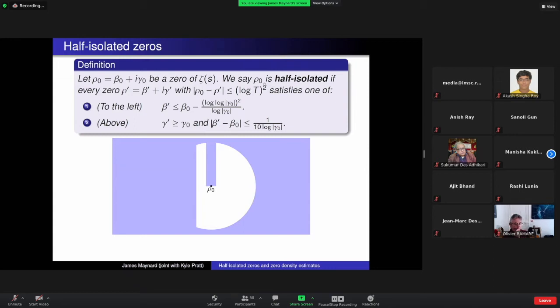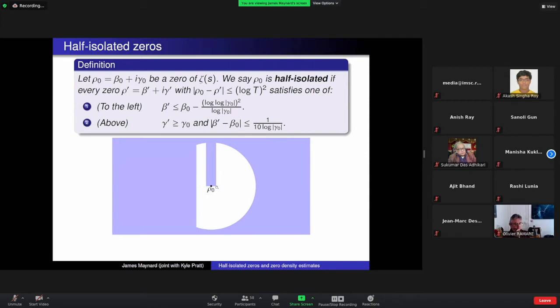I'm going to call a zero of the zeta function half isolated if every nearby zero either lies to the left of this zero or it lies above the zero.